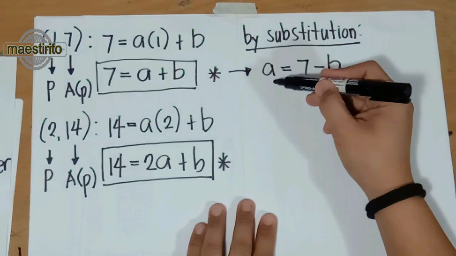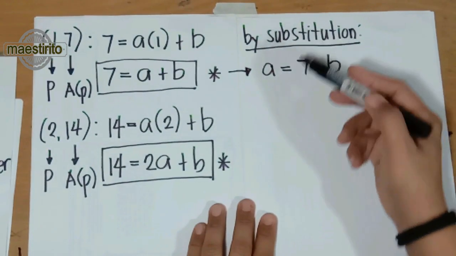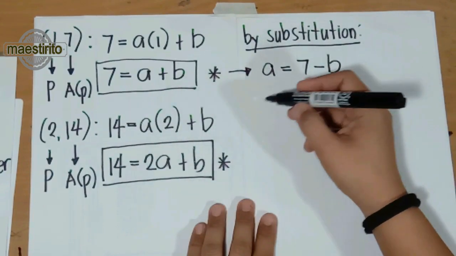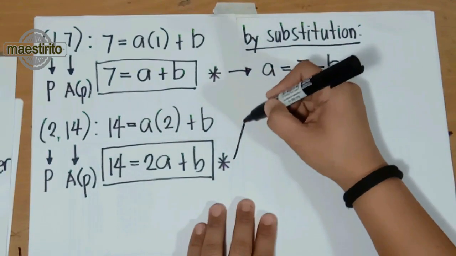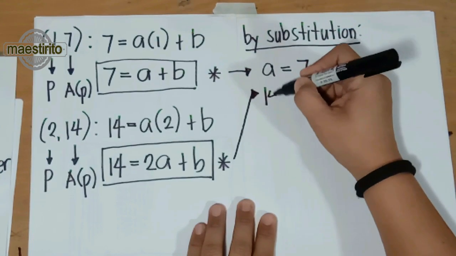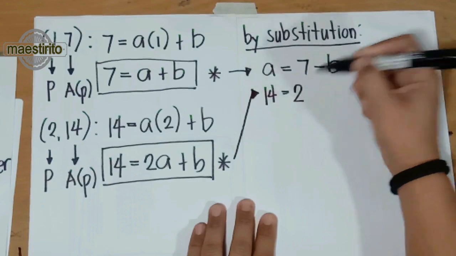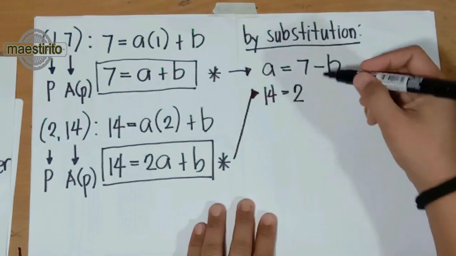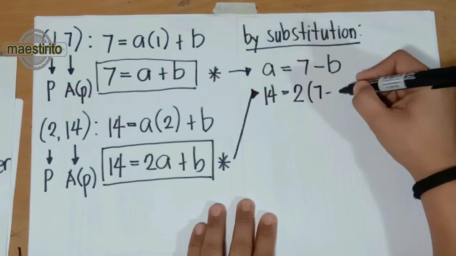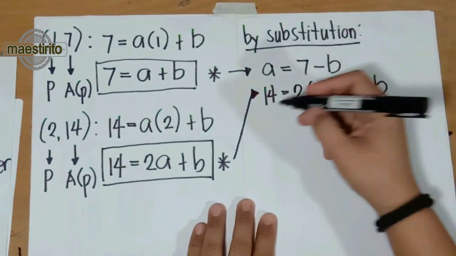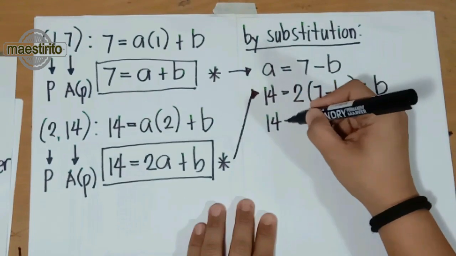And this A here, just like what I have told you a while back, is the same as the A here. So by substitution, this now will be 14 equals, instead of writing A, we will substitute that A with the 7 minus B, then plus B.